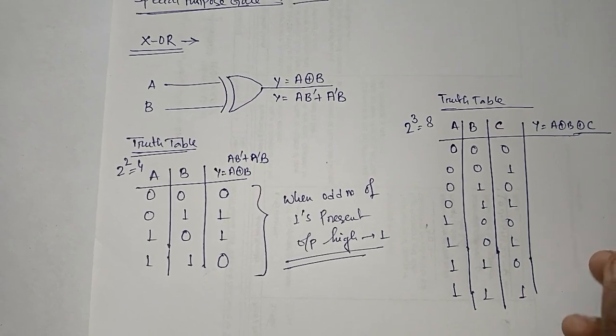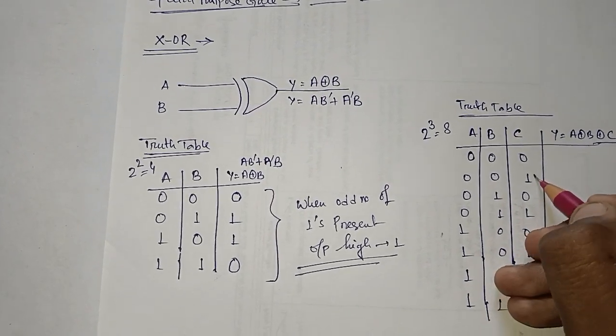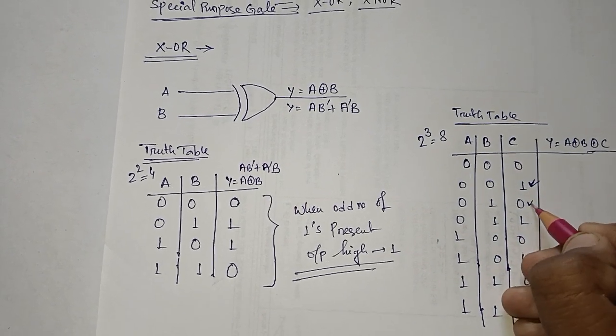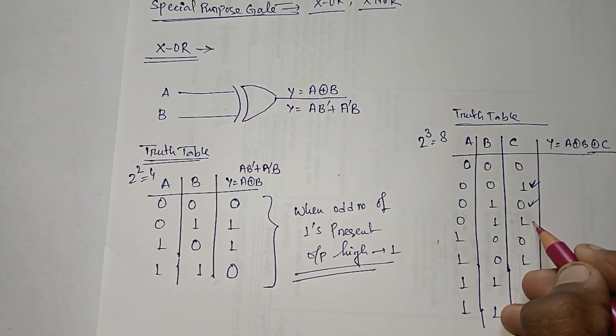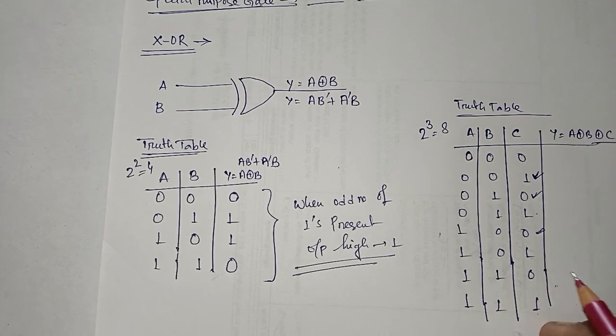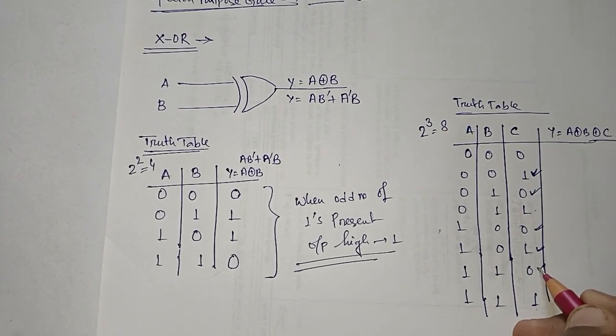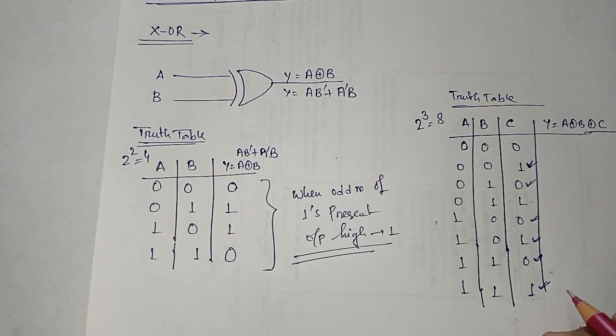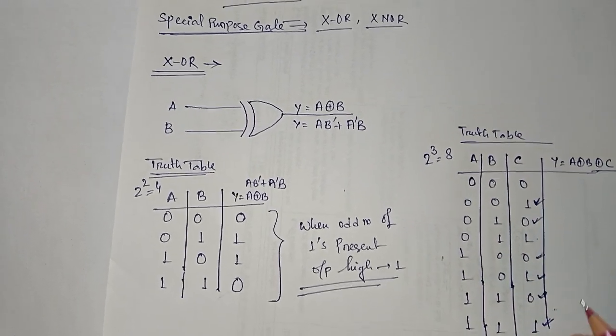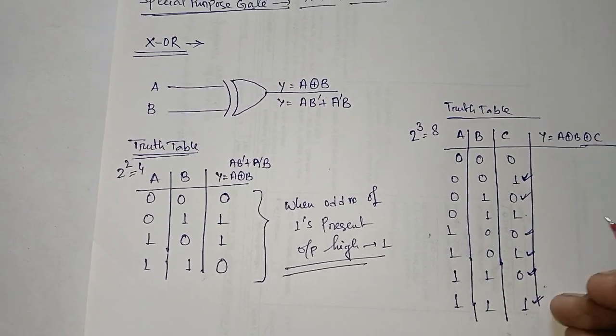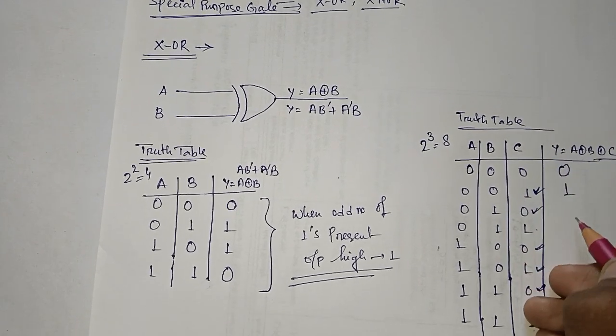For this, an odd number of ones is present, for this an even number, for this odd, for this even, for this even, for this odd. So for these 5 we have output high, otherwise output low.